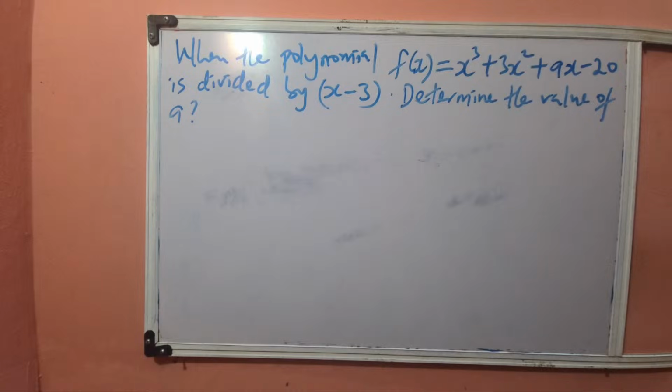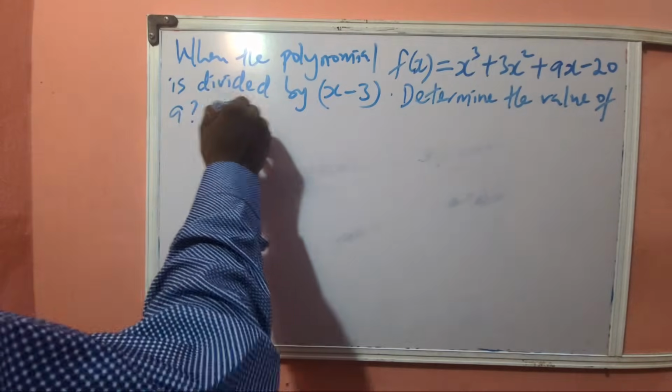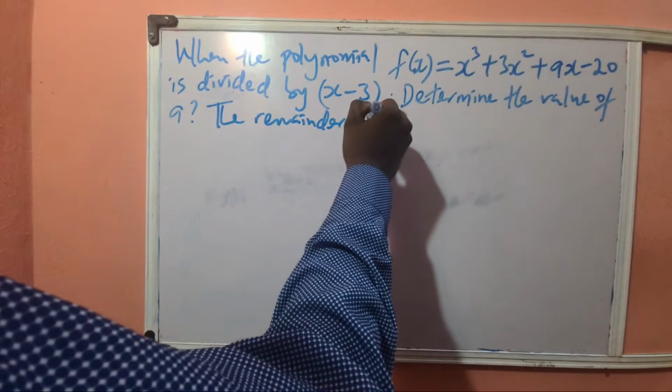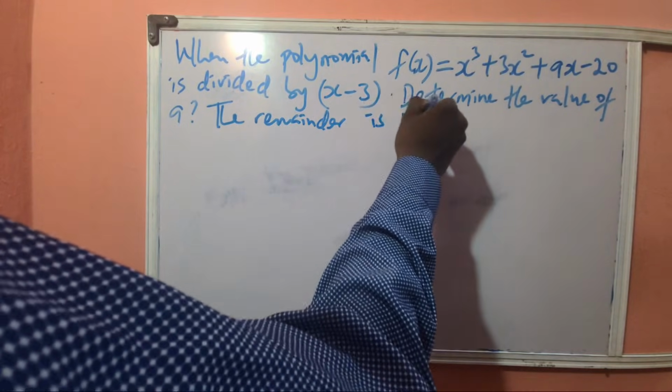Oh, you guys didn't tell me. Oh, sorry. I omitted something. The remainder is actually 100. Wait, but you guys also did not do something right.